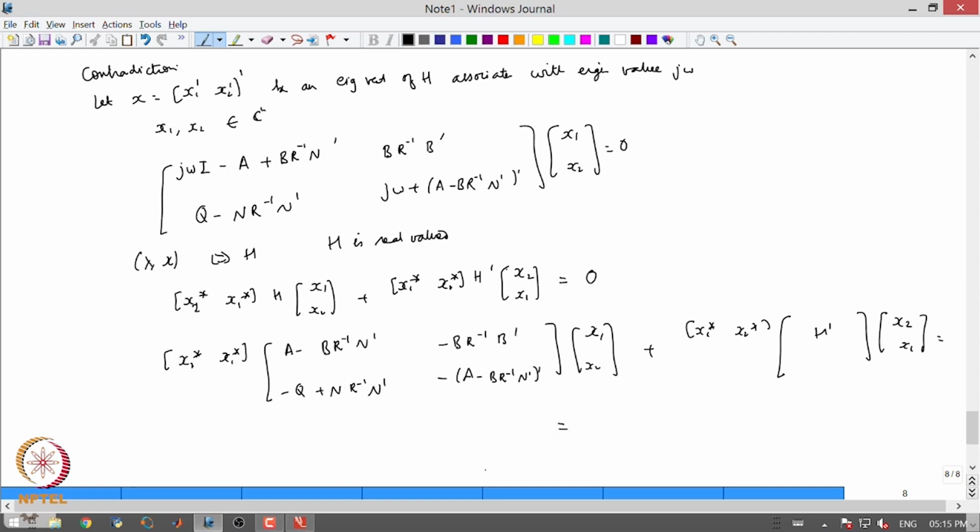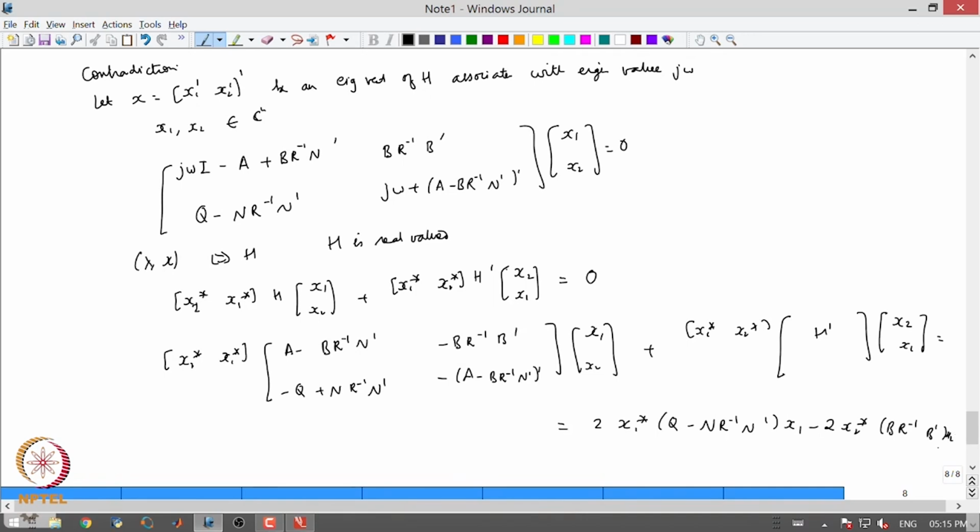This is equal to twice x1 star (Q minus N R inverse N transpose) x1 minus twice x2 star B R inverse B transpose x2. Okay. Now, this is equal to 0.